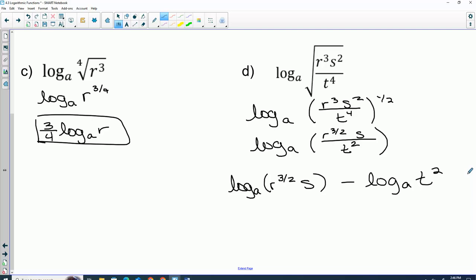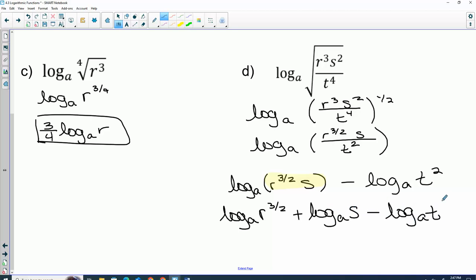What else can we do? What do I need to do with the r and my s first? Those are multiplied, so what do I need to do with those logs? Add them. So it's log base A of r to the 3/2, and you might have done that on the previous step, but if not, we do it now. Plus log base A of s minus log base A of t squared.